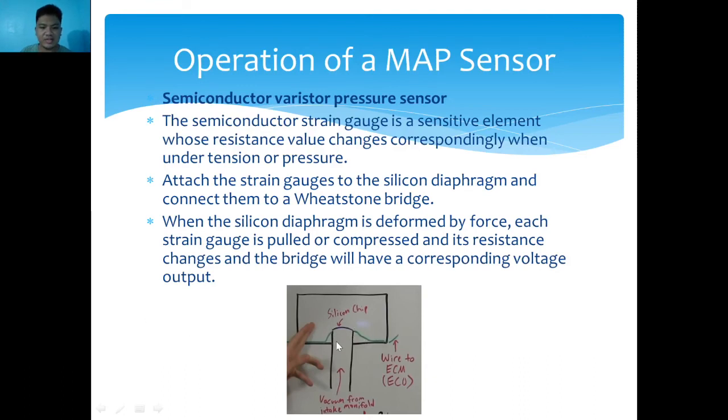You can see it here. This is the more simplified drawing of it. As the silicon chip moves, it sends different signals because of the pressure increasing, and then when the pressure drops, the signal decreases.